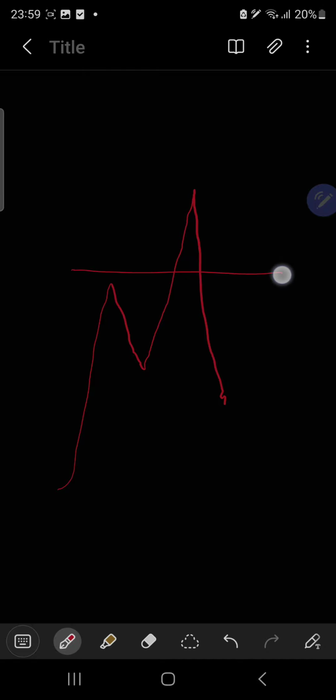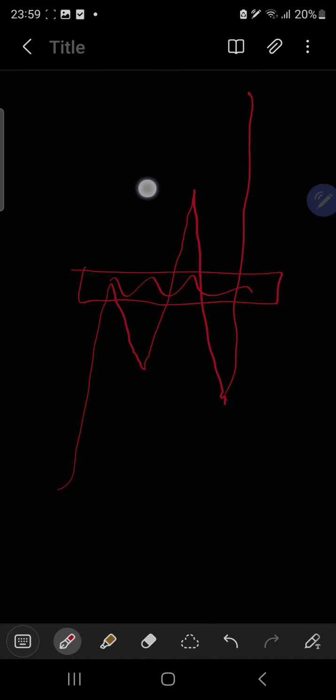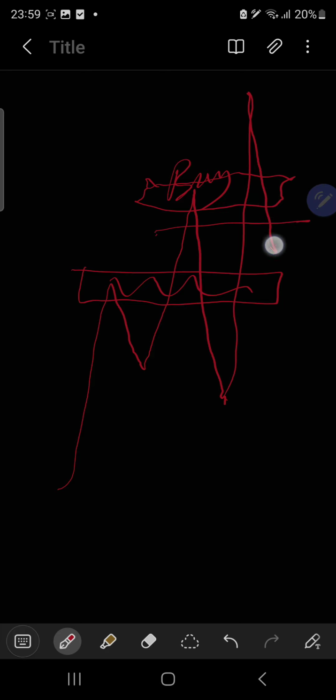Now the second setup: the market goes up, then it goes down and breaks this area, this top. Mostly people are going to buy over here, so the market is going to stop them out. It is going to retest this, so you're supposed to buy here, in the box I marked.